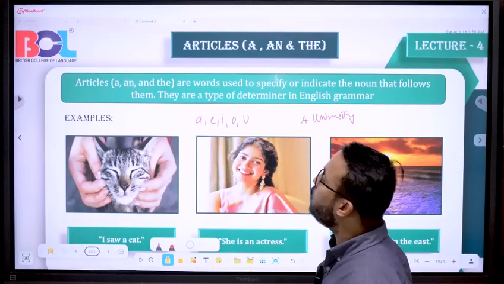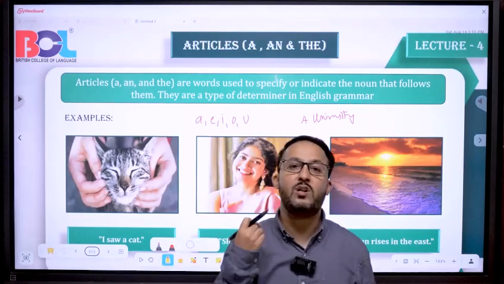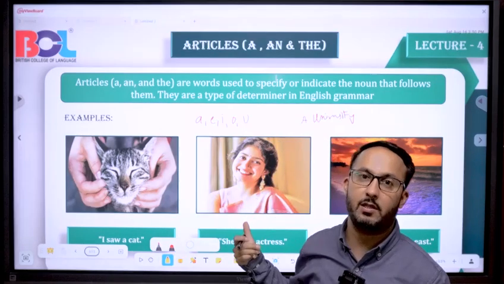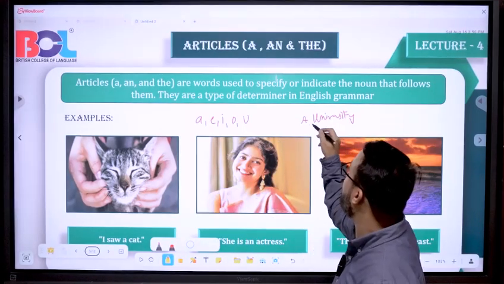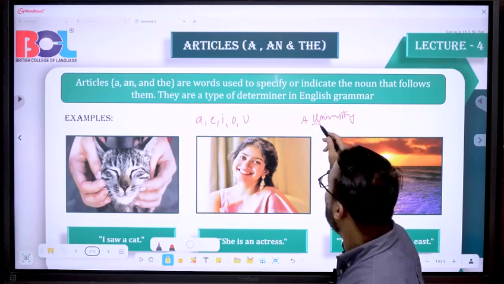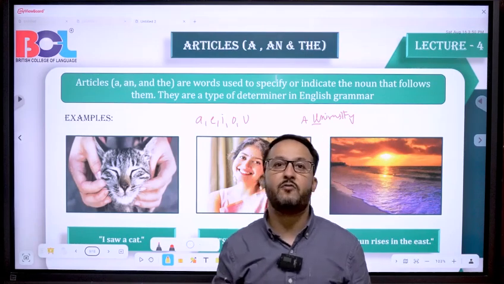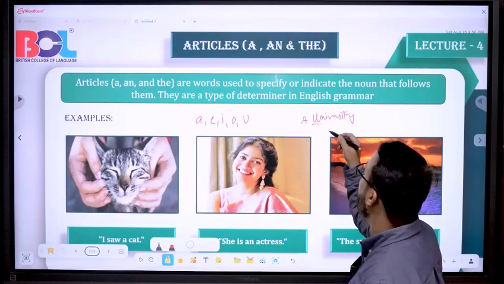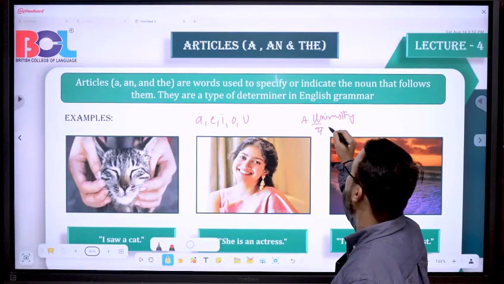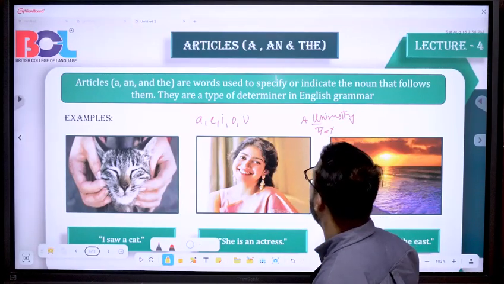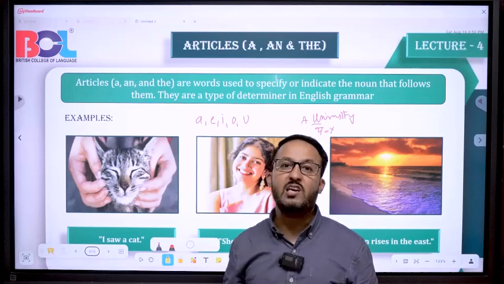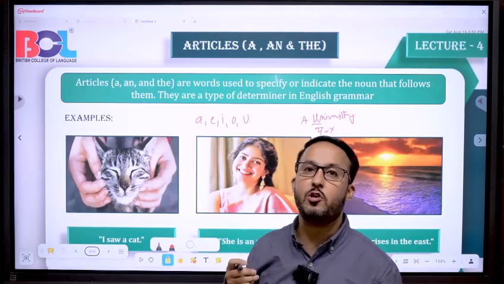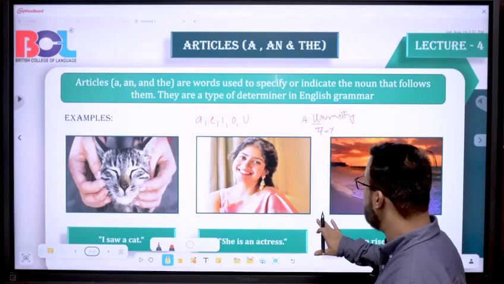Now you must be surprised by this. The answer is that we need to see the sounds as well. Even though it's a vowel, we are not using an over here, we're using a because of the sound. So at times, despite it being a vowel, we don't use an, we use a. This is a condition in this.